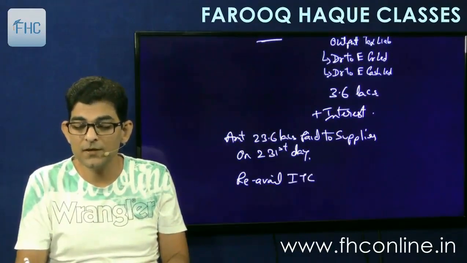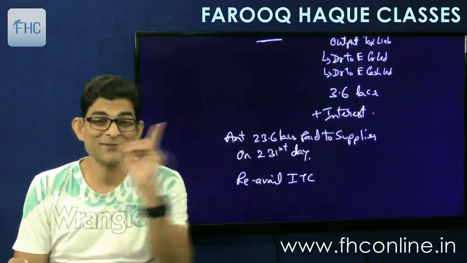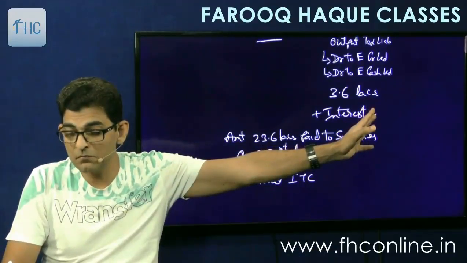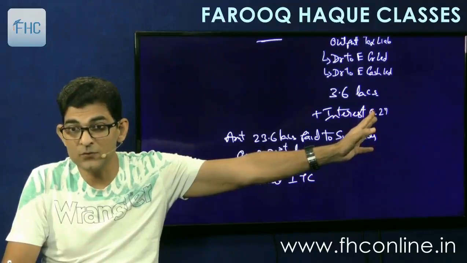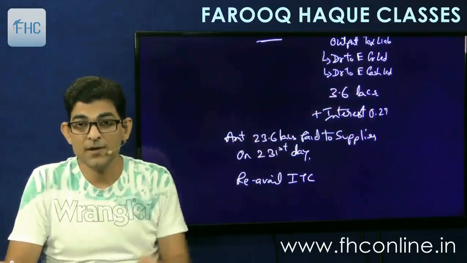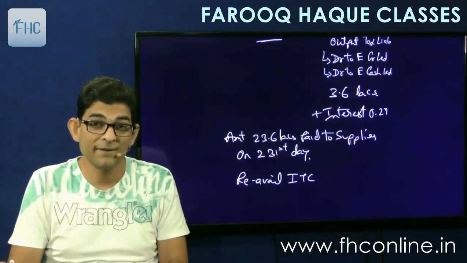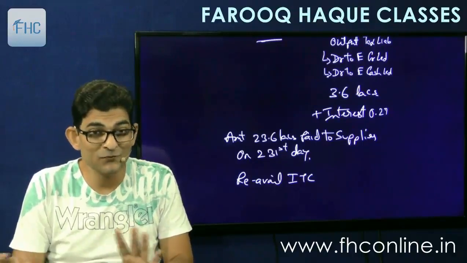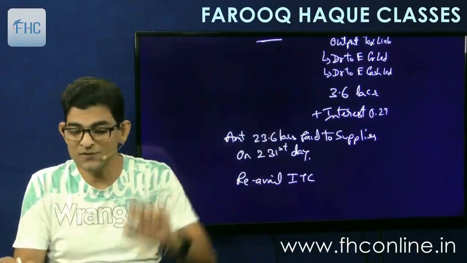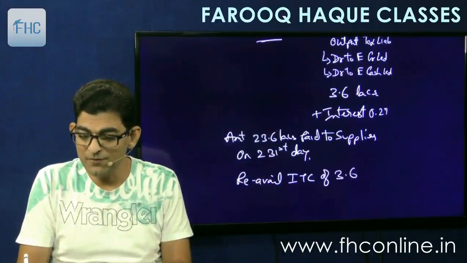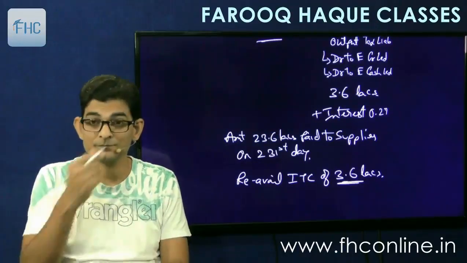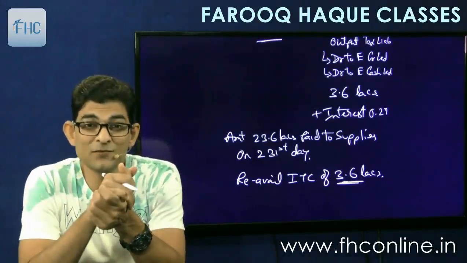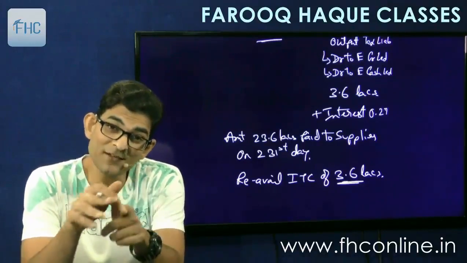Re-avail input tax credit of how much? Suppose the interest you have paid is another 0.27 lakhs, meaning 27,000 interest is also paid by you. How much credit will you re-avail? 3.6 plus 0.27? No, the interest will not be allowed as credit. Only this 3.6 lakhs can be re-availed as credit. So the interest is a loss to you. And who earns this interest? The government earns the interest.